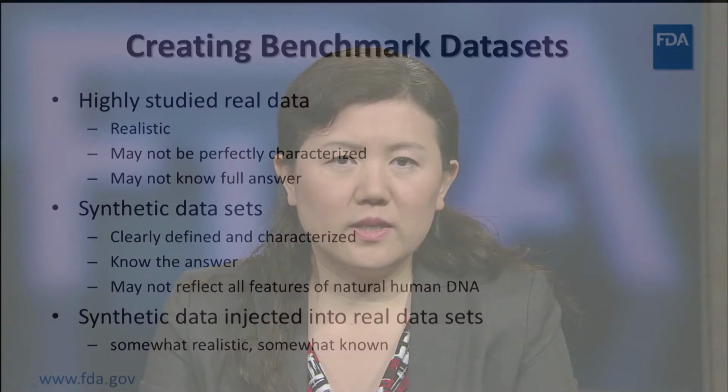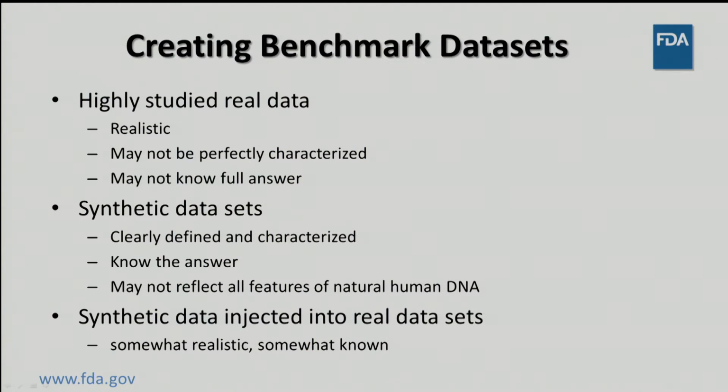The reference materials that we just discussed are real data. Although they may be realistic, the features of the reference materials might not be perfectly characterized and may contain undefined sequence elements. Whereas entirely synthetic data are clearly defined and characterized, they may not reflect all the features of natural human DNA sequences.